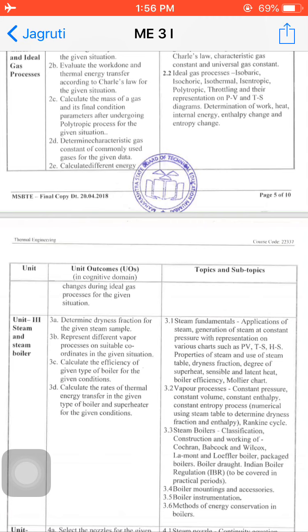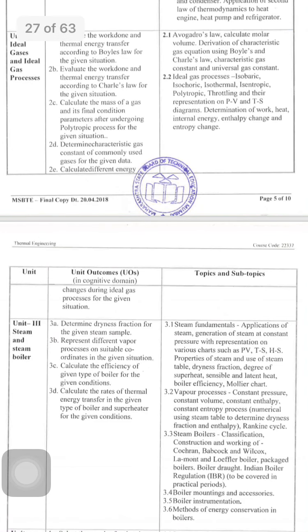It is purely a theoretical chapter, steam and steam boiler, and it is important for mechanical engineering, because the total syllabus of the thermal engineering subject is based on the basic concept of steam and steam properties and their numericals.